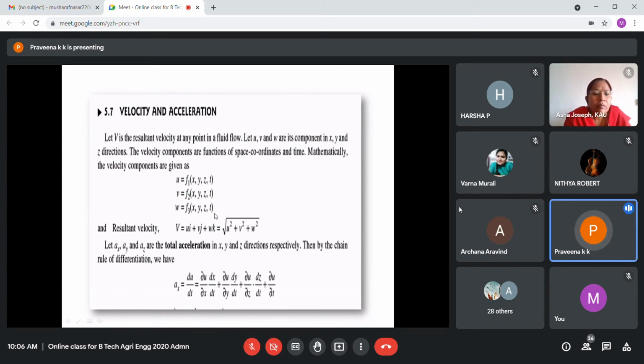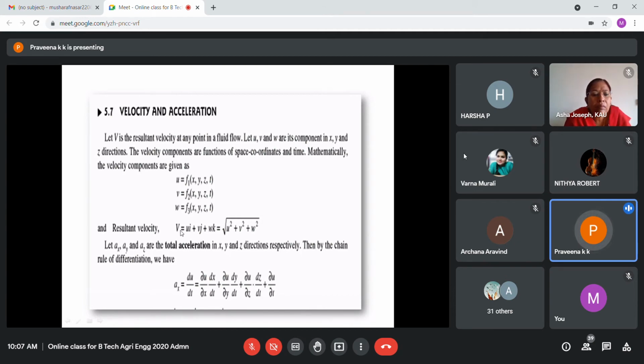Then the resultant velocity will be equal to... I think you have already studied vector calculations in plus one, plus two classes. So from that chapter, this expression came. That is, the resultant velocity will be equal to ui plus vj plus wk. i, j, and k are the unit vectors acting in the x, y, z directions. So that's why it came like this.